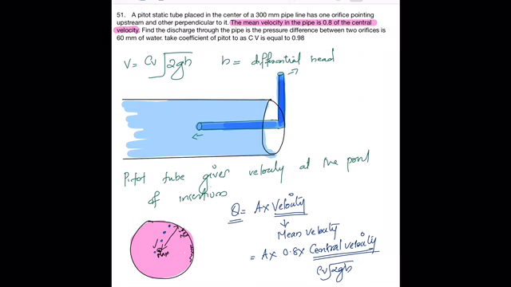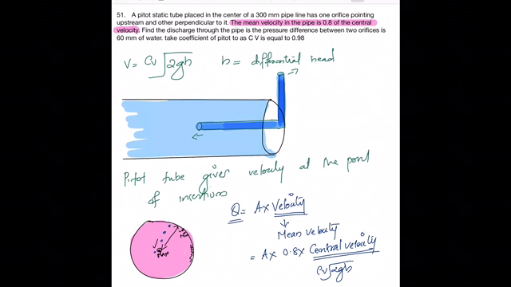So the pitot tube gives the velocity at the point where it is inserted, and the fluid will have different velocities at different points. While finding the discharge, we have to consider the mean velocity.